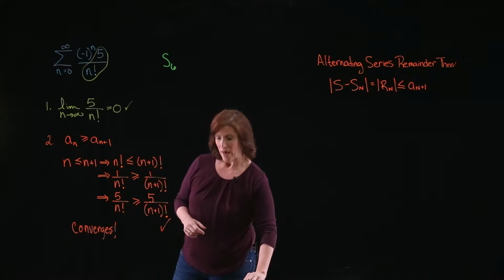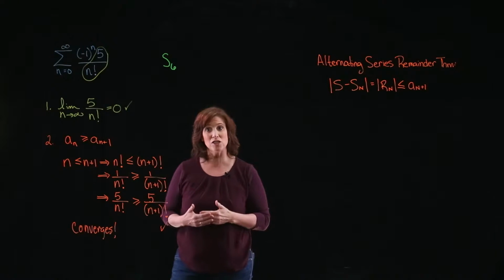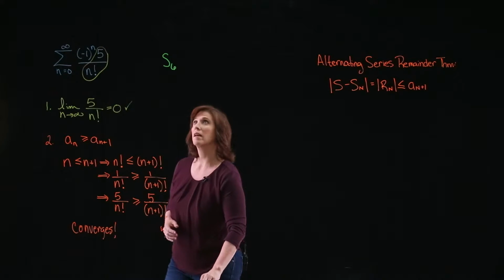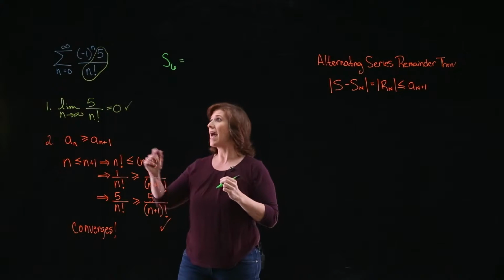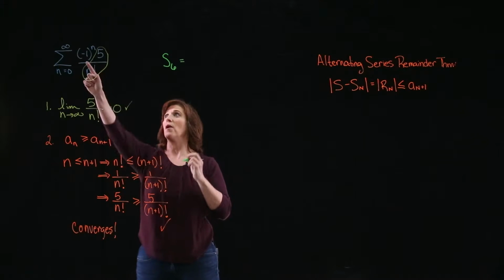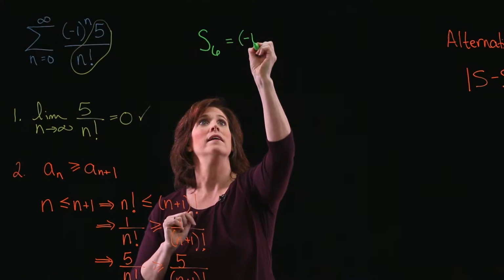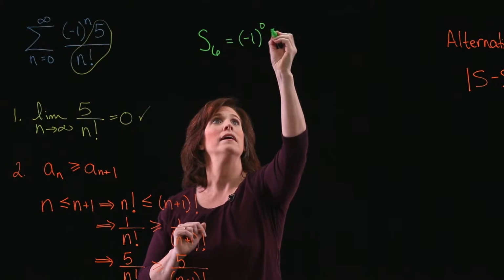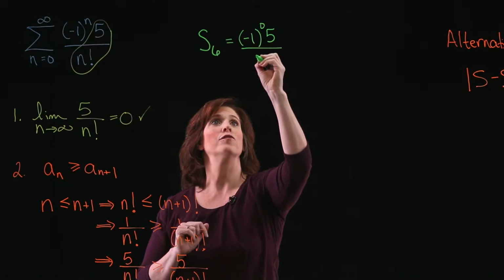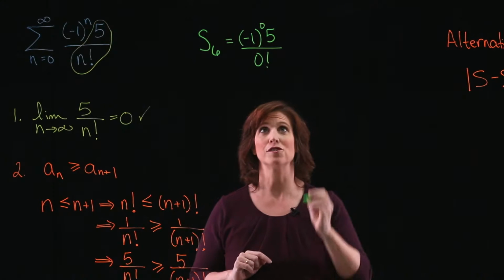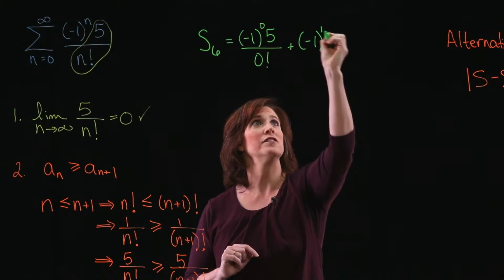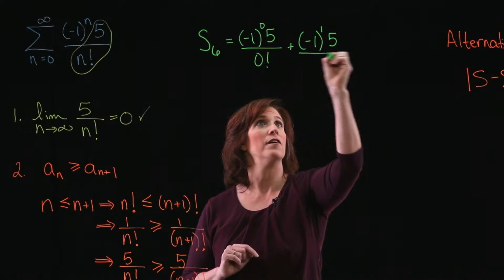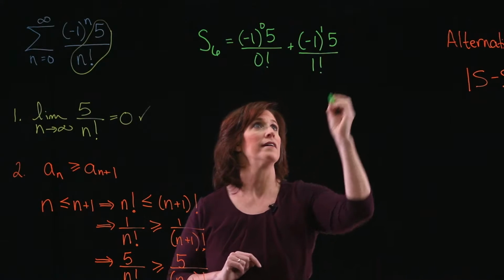Okay, now let's go ahead and take a look at the first 6 terms of that series to get an approximation for the sum. To do that, I really just let n start out being equal to 0. So I'll have minus 1 to the 0 power times 5 all over 0 factorial. That's my first term. I'll add that to minus 1 to the first power times 5 all over 1 factorial.